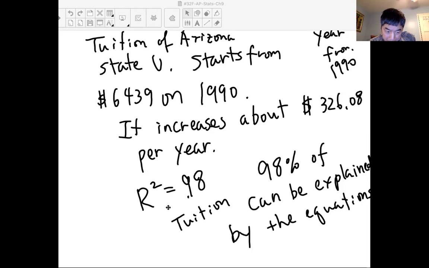Now, is a linear model appropriate for this data? You can look at the residual plot, and you could say it's good. And if they ask whether it's strong or weak, you can take the square root, because they give you r squared, right?